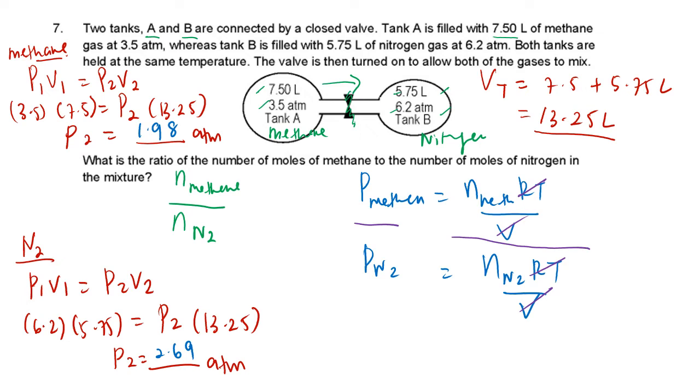So for methane, 1.98 over 2.69 for nitrogen. The answer is 0.73. So this is the ratio: 0.73 moles of methane per 1 mole of nitrogen gas.